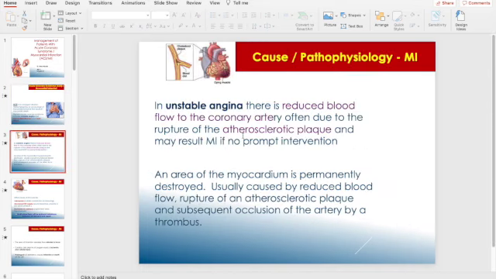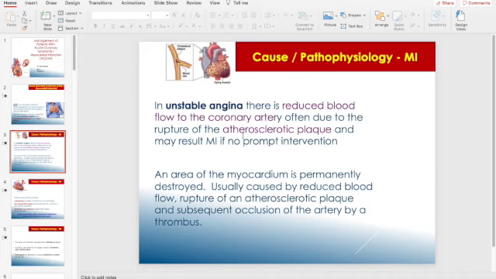So what happens in unstable angina? In unstable angina, there is reduced blood flow to the coronary artery, often due to the rupture of the atherosclerotic occlusion, and it may result in myocardial infarction if there is no immediate intervention. Previously we discussed the different types of angina, stable angina and unstable angina. In unstable angina there will be reduced blood flow, and rupture of the atherosclerotic plaque will lead to myocardial infarction.